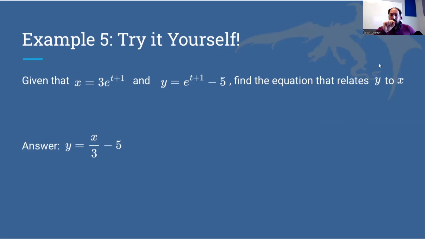And again, if you graph it with the slider in Desmos, you'll see that although the graph is a line, we're not moving at a constant rate. It is starting kind of slow and then accelerating as t increases.